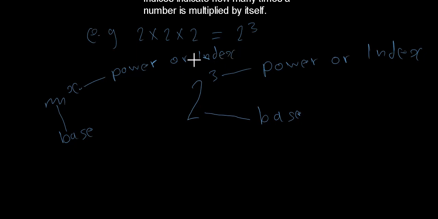This m can represent any number, for example this 2. Then this x can represent any number, for example this power, which is 3. So now we look at the laws of indices.